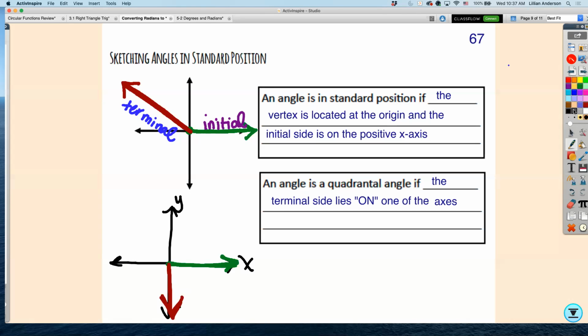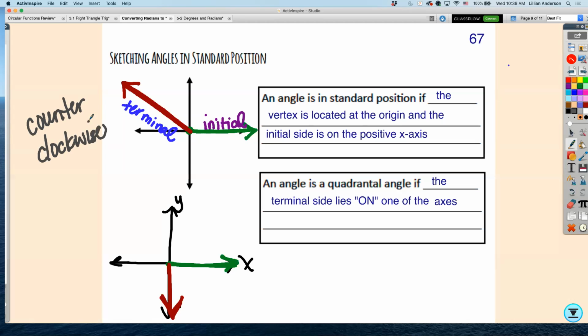Now, how the actual angle measures are formed depends on which direction you move the terminal side. If you go counterclockwise with your terminal side, okay?